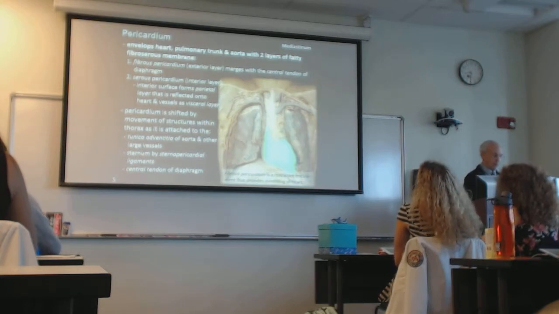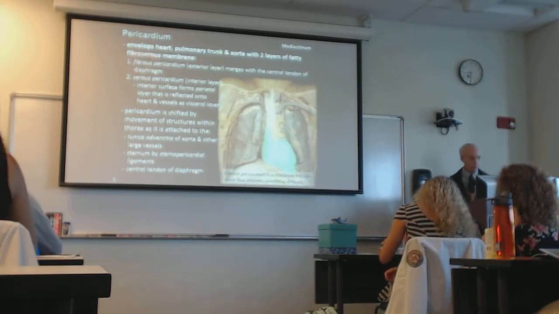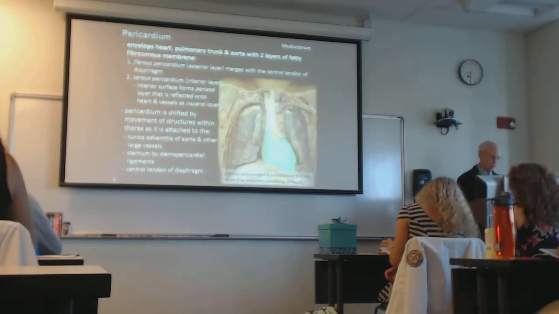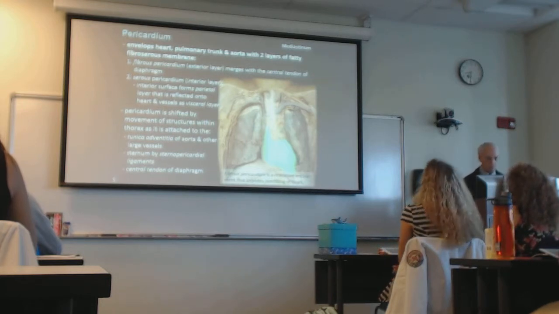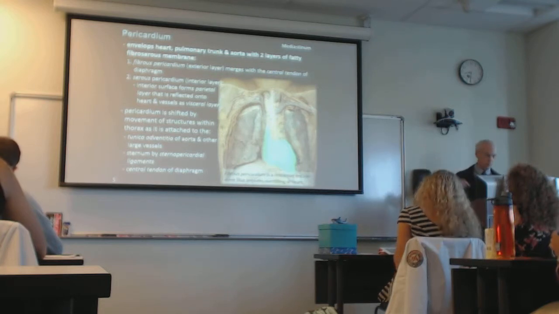We talk about the exterior fibrous pericardium and a more interior serous pericardium. As we pointed out earlier, as you look at the pericardial sac down here, in green, it's adherent to the diaphragm, the anterior thoracic wall, and it's bound up, as we'll see in a moment, with the great vessels superiorly.